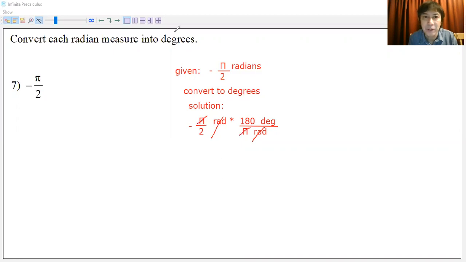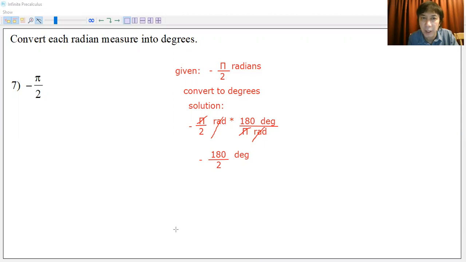What is now left is just the negative sign and 180, now in degrees, and of course we still have the number 2 at the denominator. We put the fraction symbol like that, and 180 divided by 2 is 90 degrees.